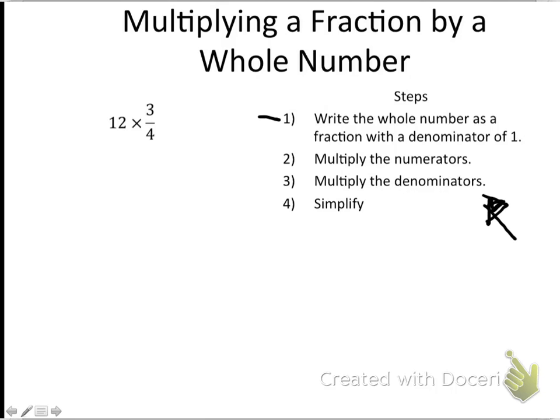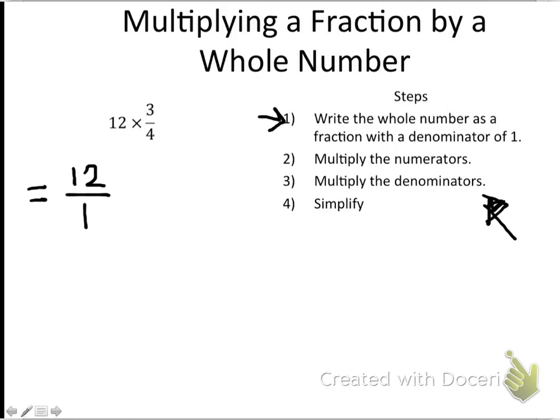The first step says to write the whole number as a fraction with a denominator of 1. In our question, 12 is our whole number. So I'm going to write 12 as a fraction over 1.